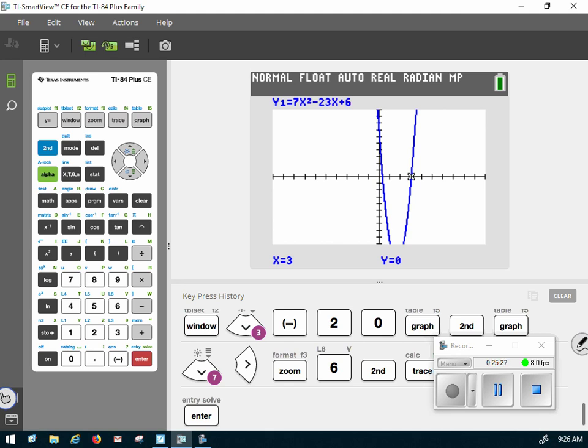What point did we just find on the curve? Oh my God, that's an x-intercept. What are the coordinates of the point? Now, here's the big deal. When your remainder is 0, you have an x-intercept.